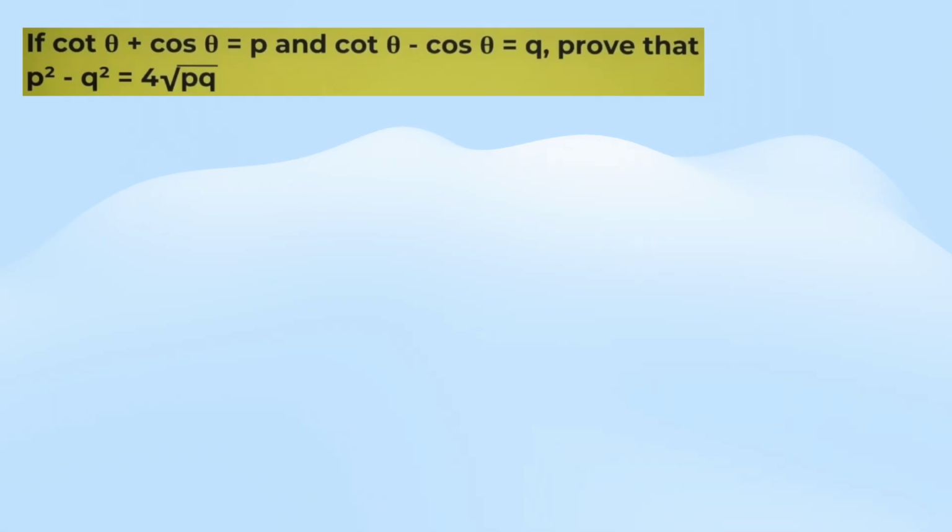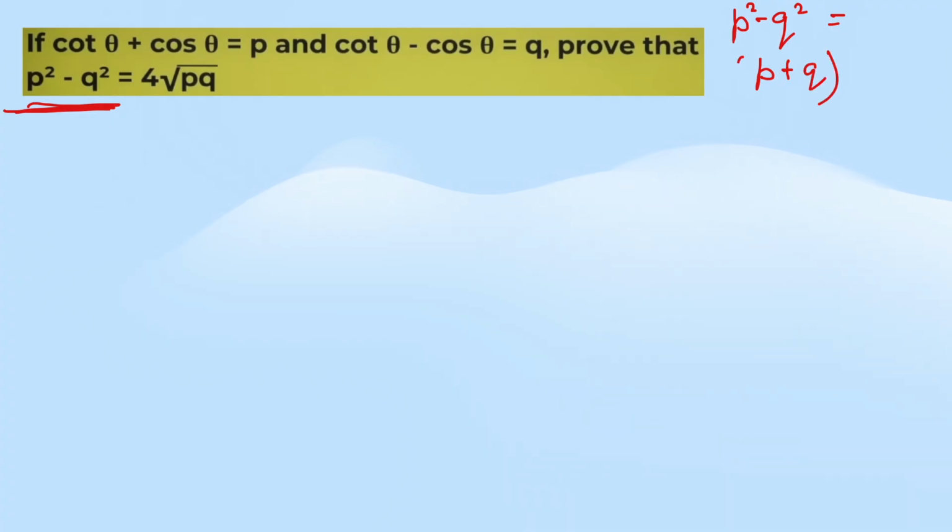See, whenever I see p square minus q square, what comes to my mind? That a square minus b square is (a plus b) into (a minus b). Clear? So let's find what is p plus q and what is p minus q. Then we will equate the LHS and RHS separately, right?